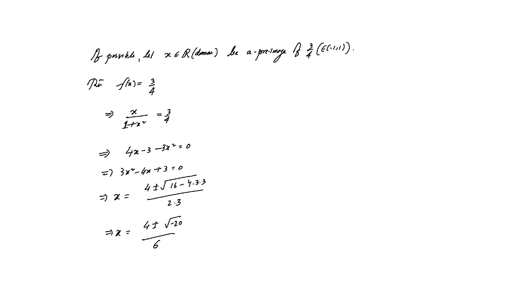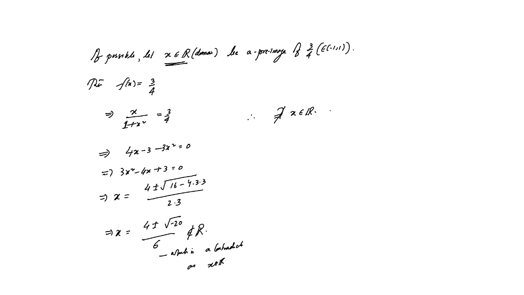So the discriminant is negative, so x basically does not belong to R. Therefore the preimage of 3/4 is not a real number. That means there does not exist any x belonging to R, which is a contradiction, as we said x is a real number, but here we have seen x is not a real number.